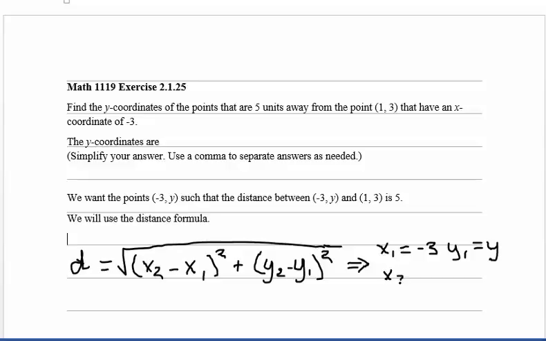And we could have just as well let x1 equal 1 and y1 equal 3. And since we made the choice we made, we're going to let x2 equal 1 and y2 equal 3.